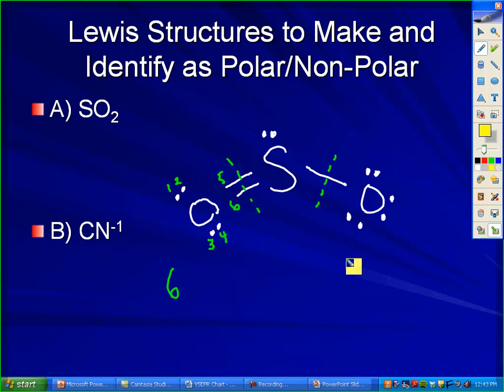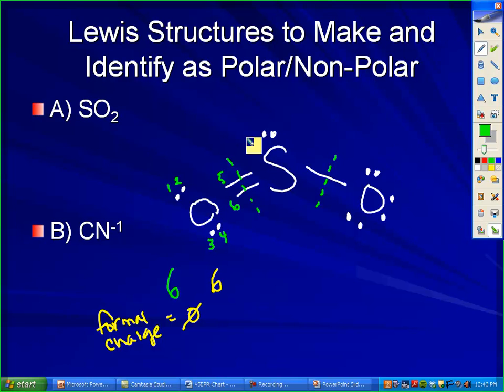I'm going to use yellow. So since that's the same, this oxygen has a formal charge of 0. So 6 here in the molecule, we compare that to 6 that it would normally have, so the formal charge is 0. Now we're also going to do that for the sulfur right here.